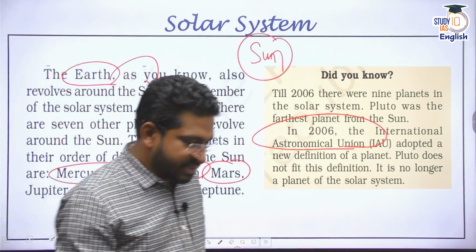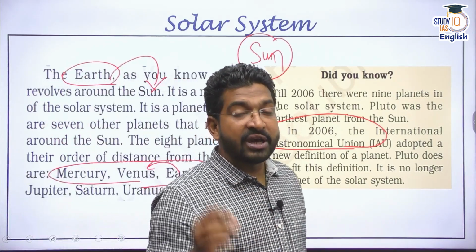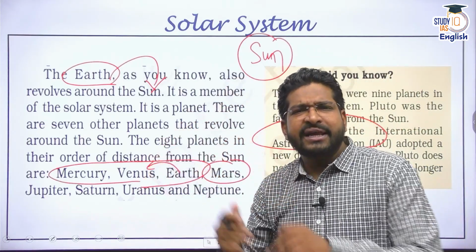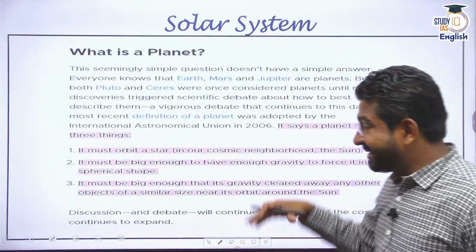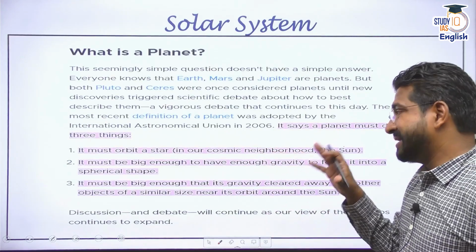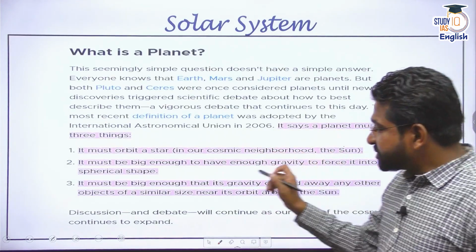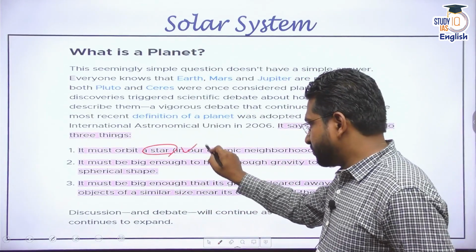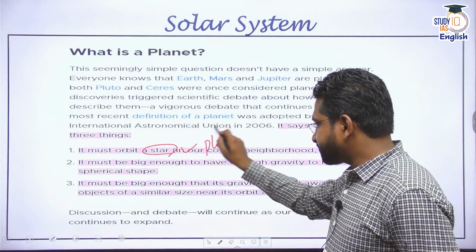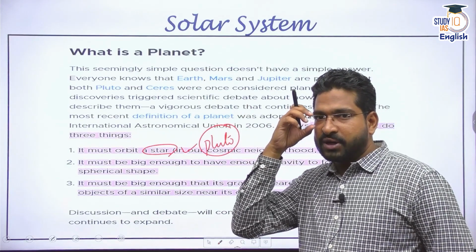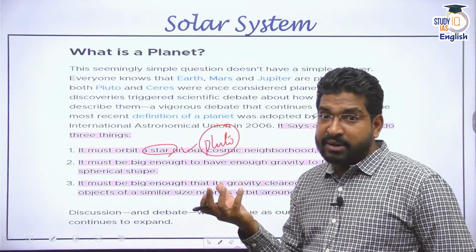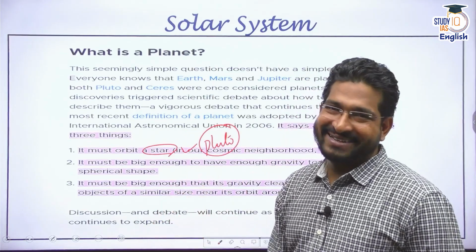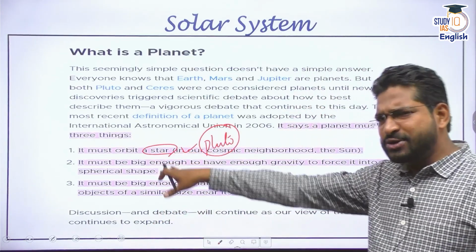The International Astronomical Union, which basically gives the criteria for defining a planet, gave 3 criteria. First of all, it must orbit a star. Pluto does it. Pluto orbits the sun for many years. In fact, during my formative years, I remembered 9 planets. Suddenly, after 2006, I had to change my knowledge, right? So Pluto does orbit the sun.